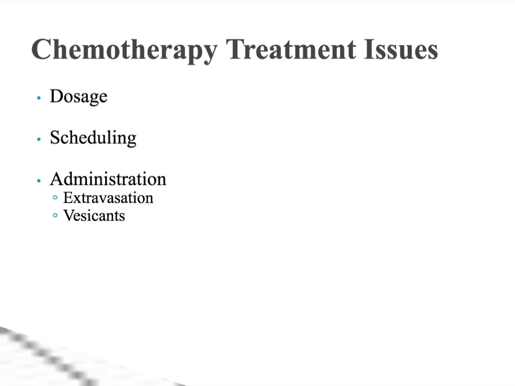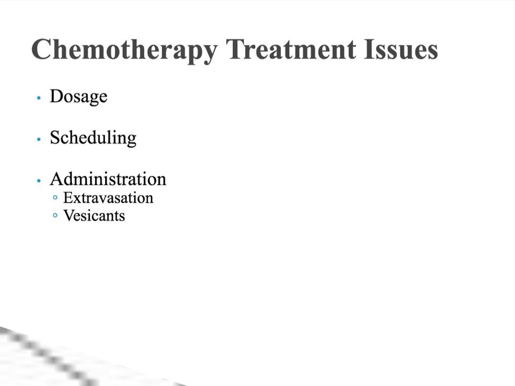Dosage, again, is according to the physician and how they decide the dosage and scheduling. Typically, dosing is decided upon by the patient's weight, and then also the type of cancer they have. And they try to give the chemo that's going to give them the optimum dose with the least amount of side effects.